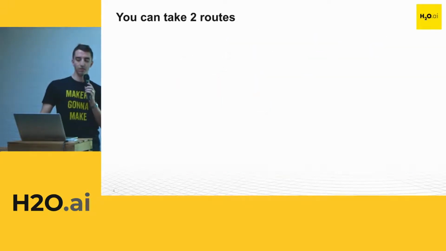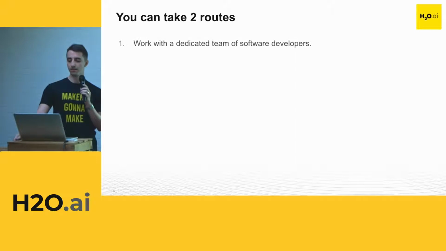Basically, if you want to interpret your ML results, you can take two routes. The first one is you can talk to the dedicated team of software developers who can build your production-ready web application for you.